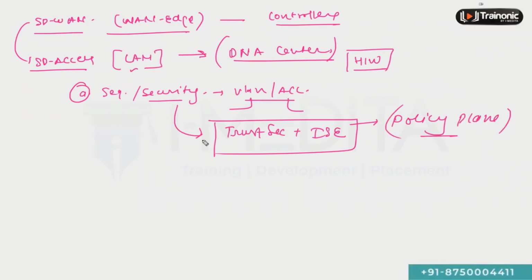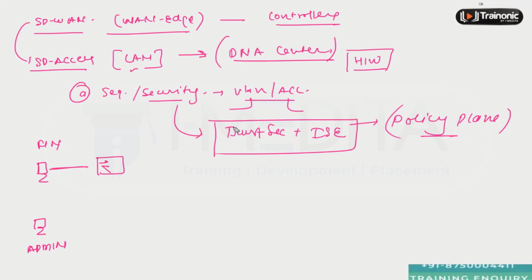So, for example, let's say there is a user that belongs to the finance department. There is a user that belongs to the admin department. What I can do is configure my SDA environment in such a way that any time this user joins the network, the user has to be authenticated first. After the successful authentication, the user can be assigned a tag value, some sort of tag.